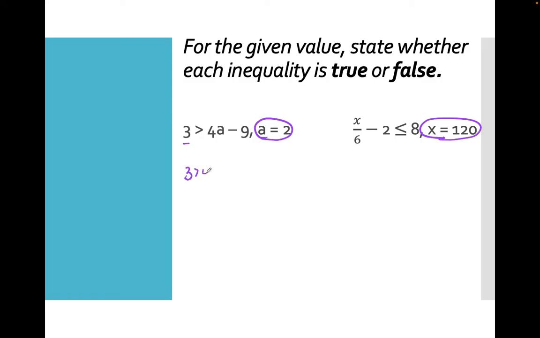So if a was 2, 4 times 2 is 8. 8 minus 9 is negative 1. Is 3 greater than negative 1? Yes. So a equals 2 is one of the many solutions for this inequality. It's not the only one. It is one of the infinite possible solutions.